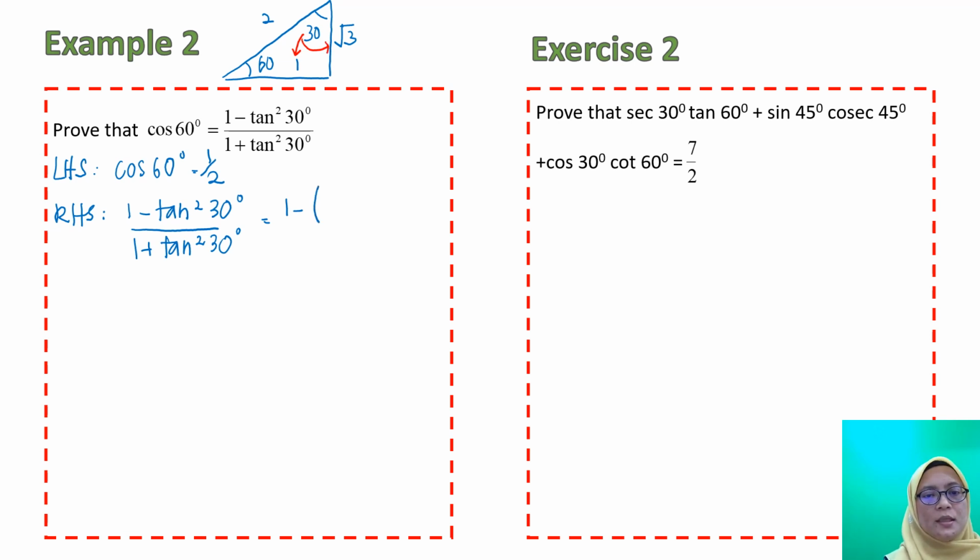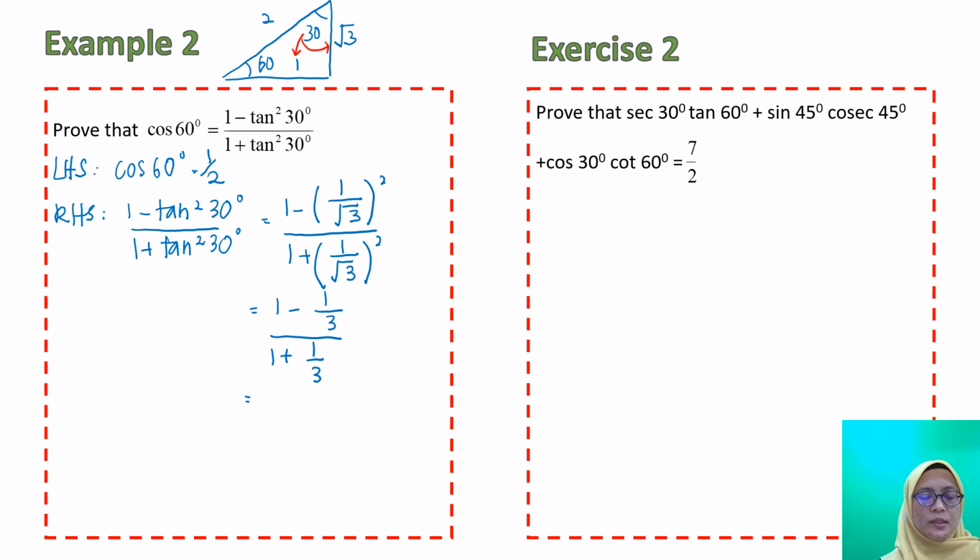So tangent 30 is 1 over root 3 square, over 1 plus 1 over root 3 square. Okay, so simplify, you akan dapat 1 minus 1 over 3 over 1 plus 1 over 3.